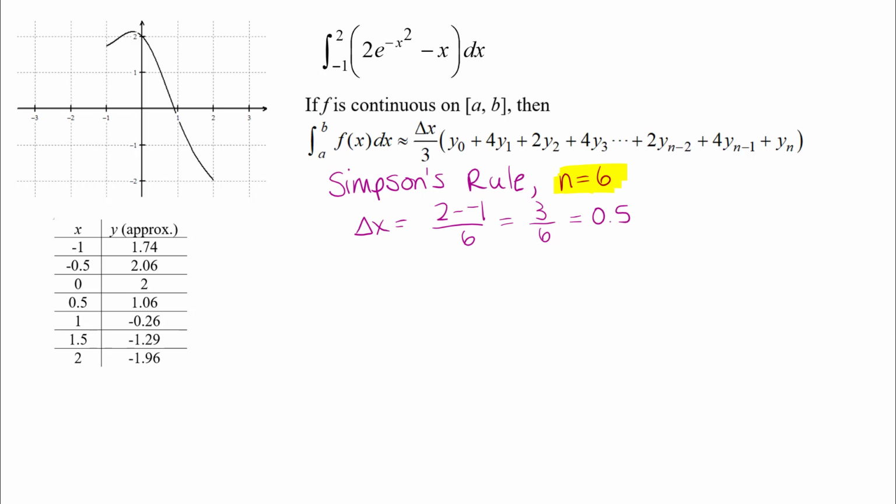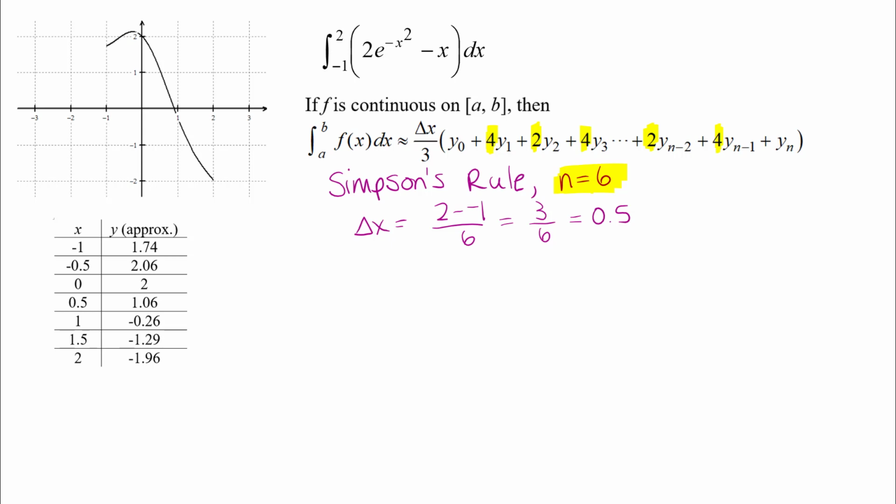Alright, so we're going to be using this formula that we have here, and in the last video I used a table to help a little bit with the organization and multiplied my y values by the appropriate coefficients. So one thing we want to pay attention to here is the pattern in those coefficients in these y values, on the inside terms of this sum.